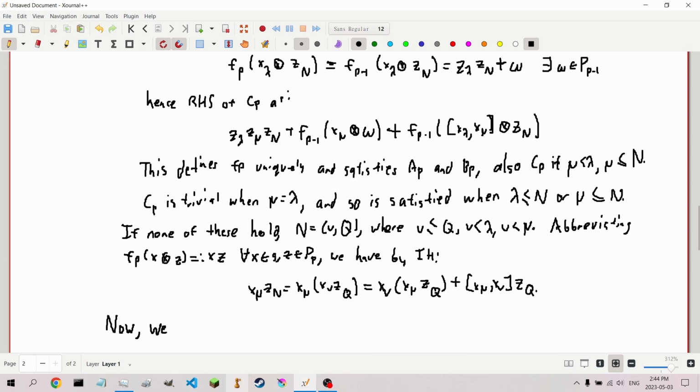Now we see that Z mu ZQ is equal to Z mu ZQ plus W, where W is 0, which is inside of P to the P minus 2.